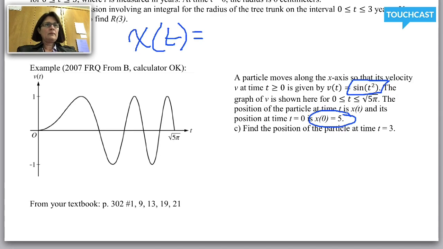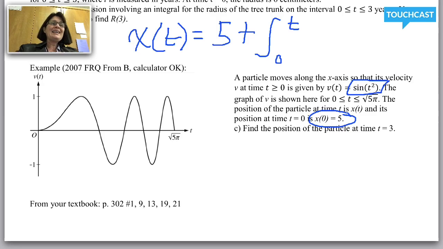So here I go. This is my initial value, 5, plus the integral from that input, first time is 0, to t of, I need this to say sine of t squared, except I can't use t. I can't use x because I'm using that as the name of the position function. I can't use t because it's the upper limit of my integral.